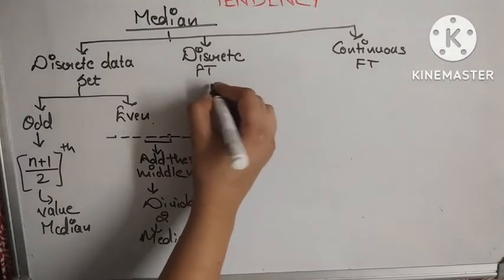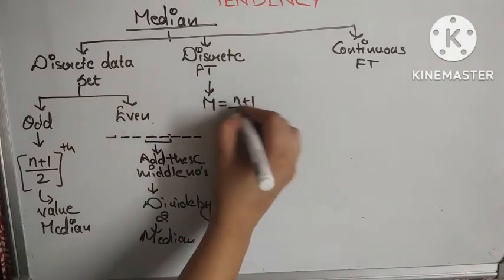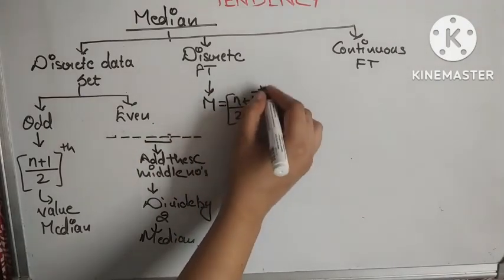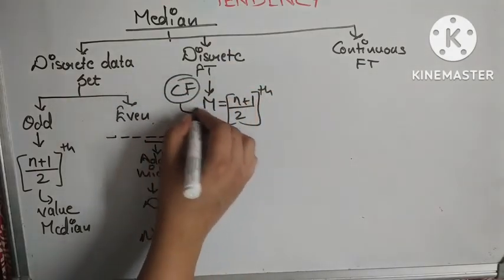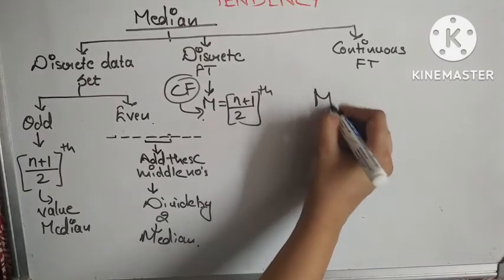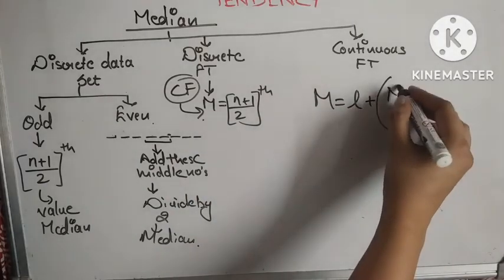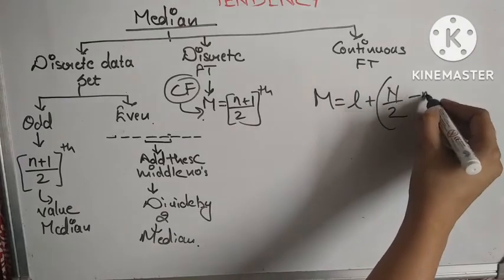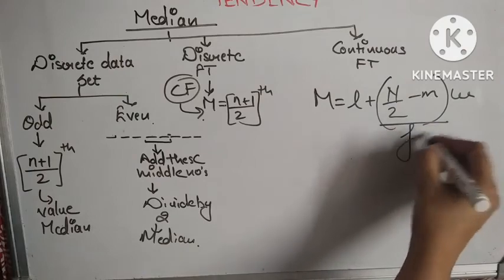In the discrete frequency table, the median is the (n plus 1) by 2th value, but first thing is you will find out the cumulative frequency and then you will find this. And here I have told you, the median is equal to l plus (n by 2 minus m) times width upon the frequency.